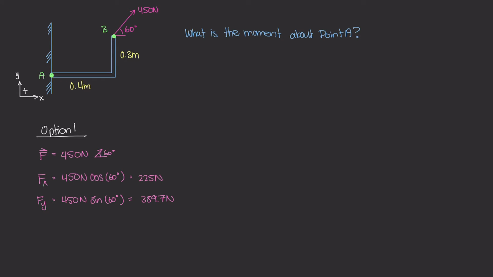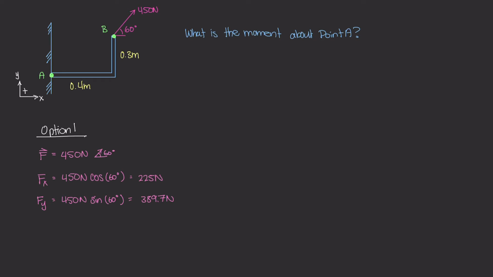So really, each of these two components, the x and the y components, are causing their own separate moment about point A. And so in order to figure out the total moment at point A, we're going to sum the moment that this component causes about point A and this component causes about point A.